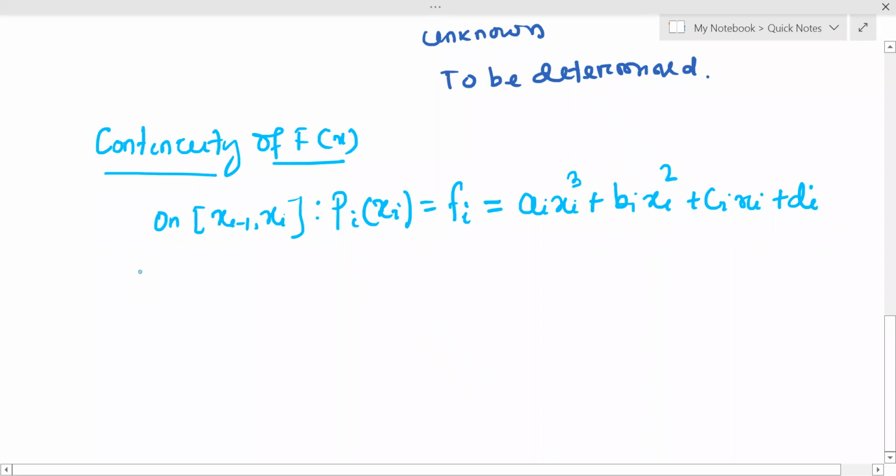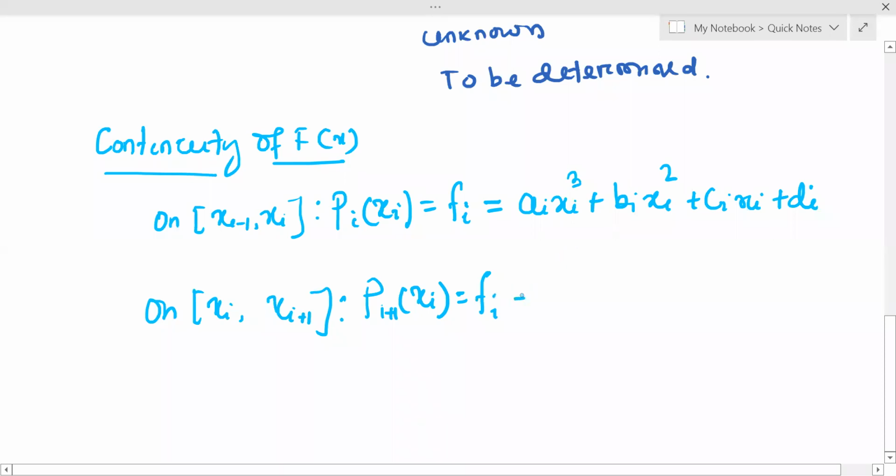Again, another interval on xi to xi plus 1: pi plus 1 xi, which is equal to f of i.